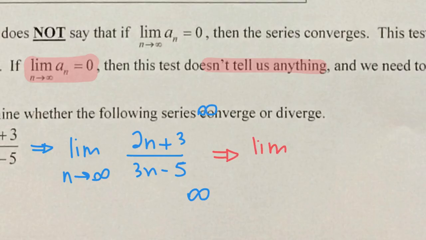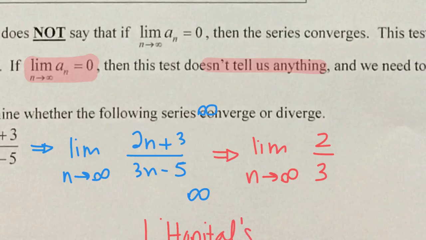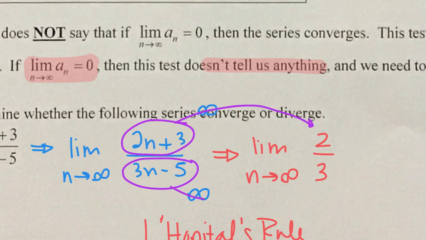So we're going to take the derivative of the top and the bottom, which is just, what, 2 over 3? The derivative of the numerator is 2, and the derivative of the denominator is 3. And the limit of a constant is that constant.